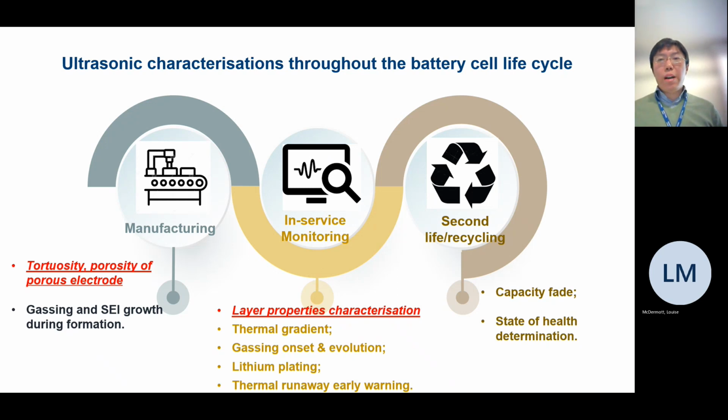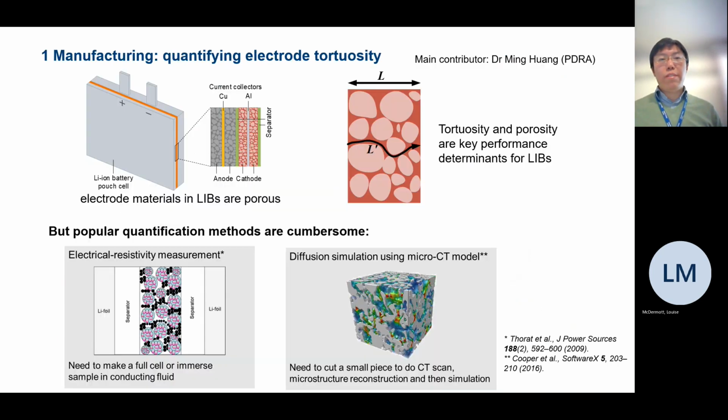So the first one is about manufacturing and quantifying electrode tortuosity. Probably you know more about how the tortuosity is affecting the performance and properties of pouch cells. But basically, the electrodes, for example, anode and cathode, their coating layers are made of a lot of particles and matrices.